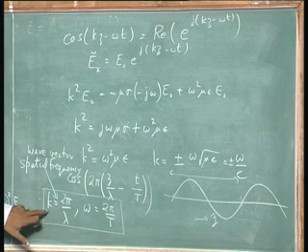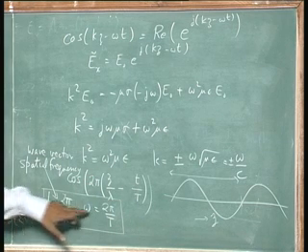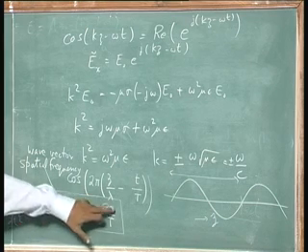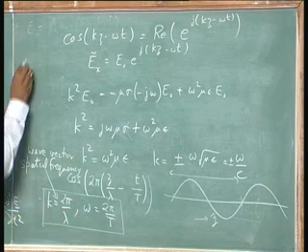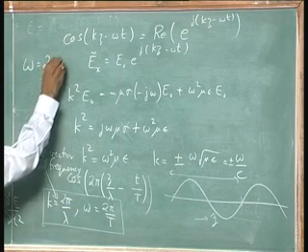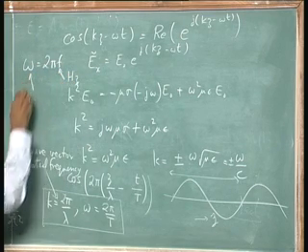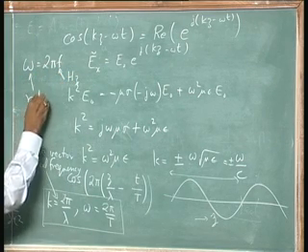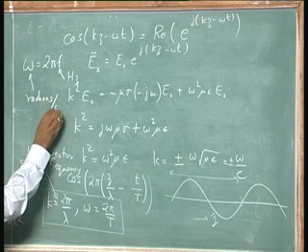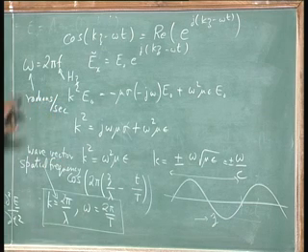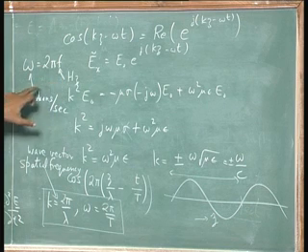So, k is like omega in the sense it has this 2 pi in it. You know that omega is 2 pi f, f is in hertz, omega is in radians per second, because 2 pi radians is 1 full cycle, which is 1 hertz.